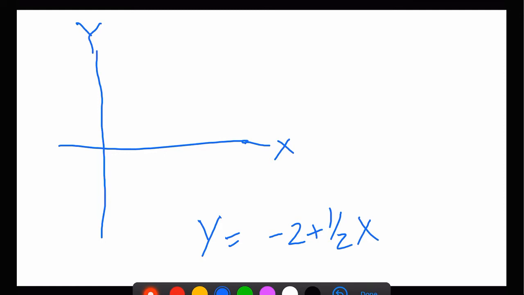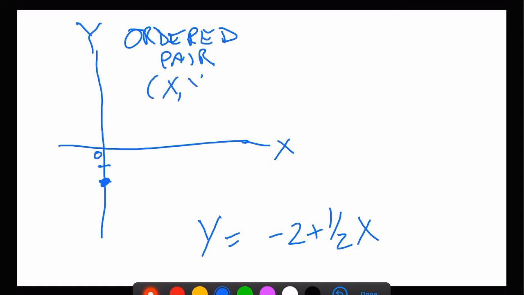If x is 0, y would be minus 2, and that's a point. We label that point with what's called an ordered pair. In the ordered pair, the x always comes first and the y always comes second. So this point is (0, -2).